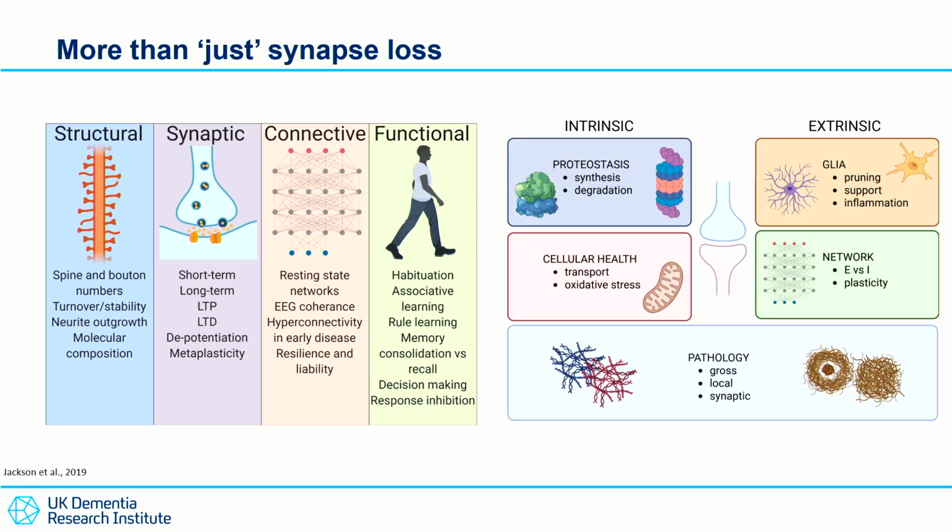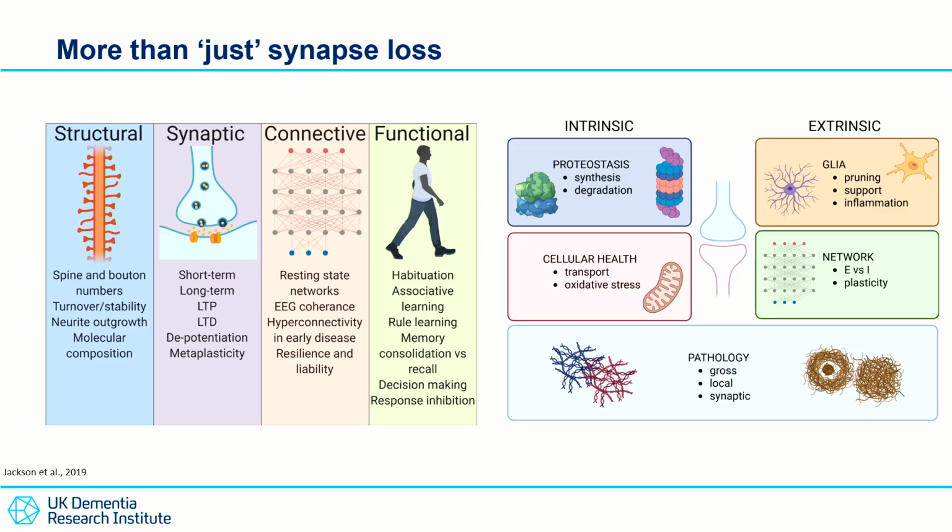Breakdown in transport, proteostasis, so that the synapses do not have the proteins they need to function. And this then occurs alongside extrinsic mechanisms, such as glia, not only microglial pruning of synapses, but also the support that many types of glia, particularly astrocytes, provide at the tripartite synapse.